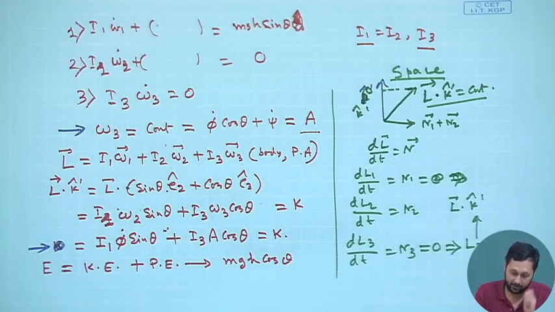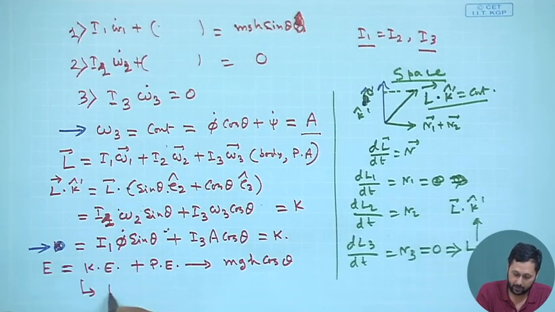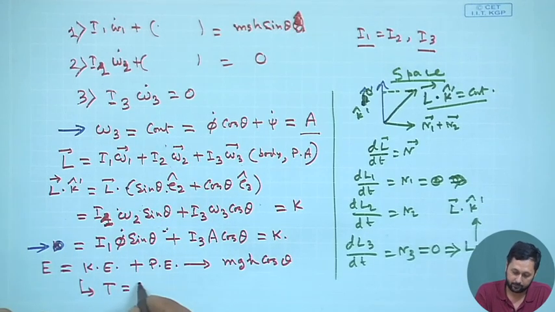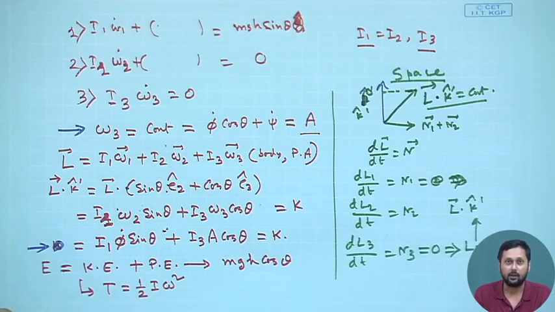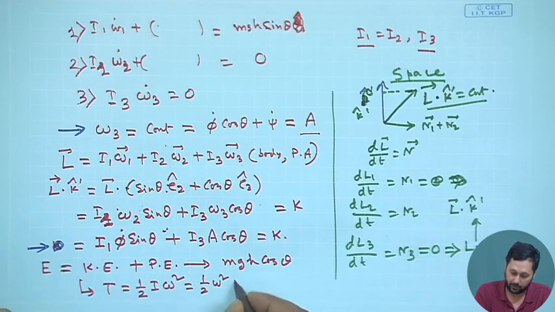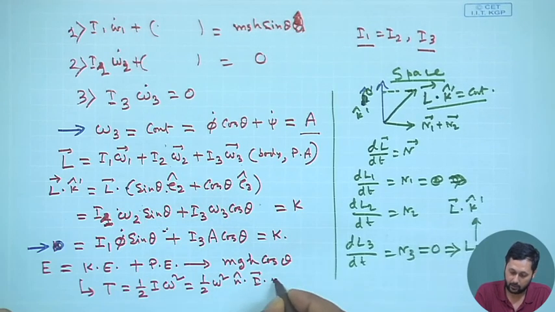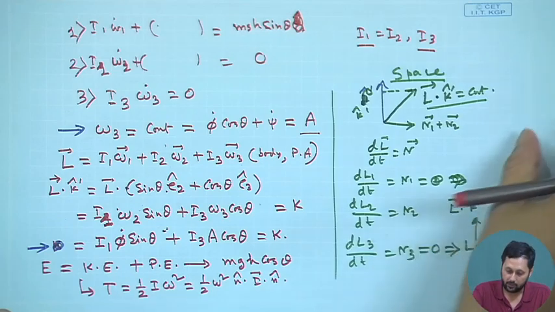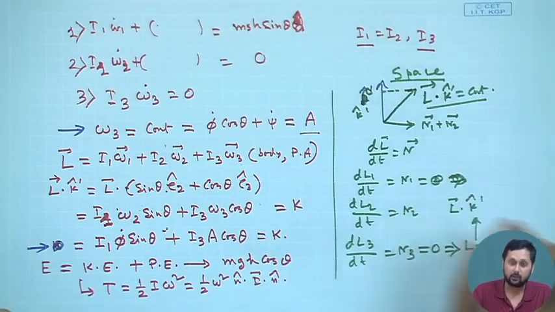Now, for the kinetic energy, please recall kinetic energy T is given by half I omega square, which is equal to half omega square n dot I dot n. Now, remember our discussion on the ellipsoid of inertia. When we resolved this n dot I dot n in the principal frame of reference, all the cross terms vanished.